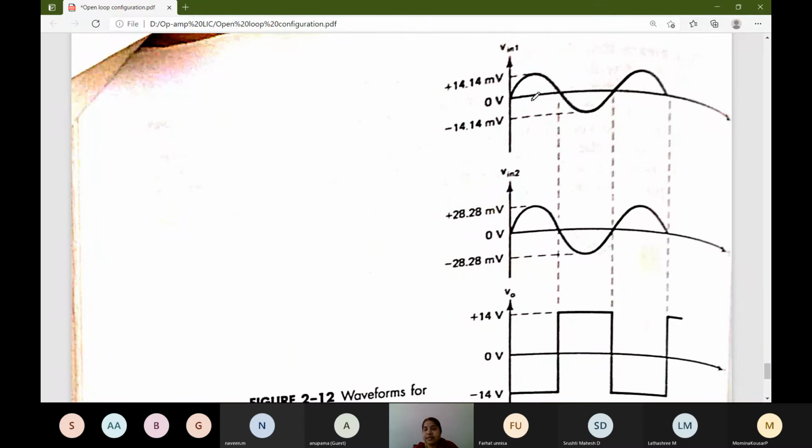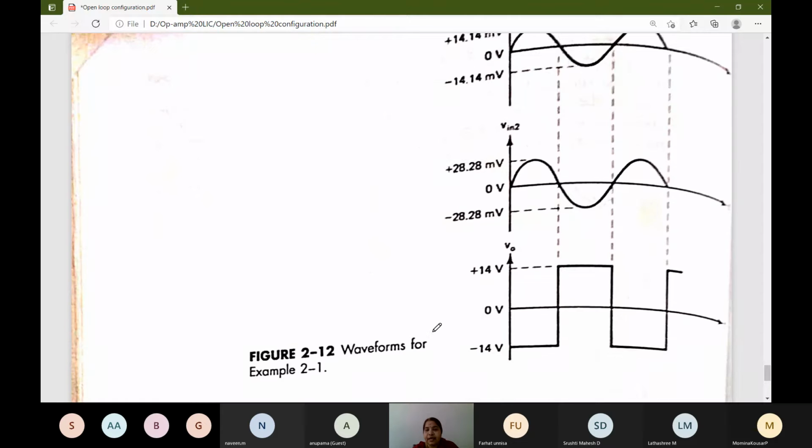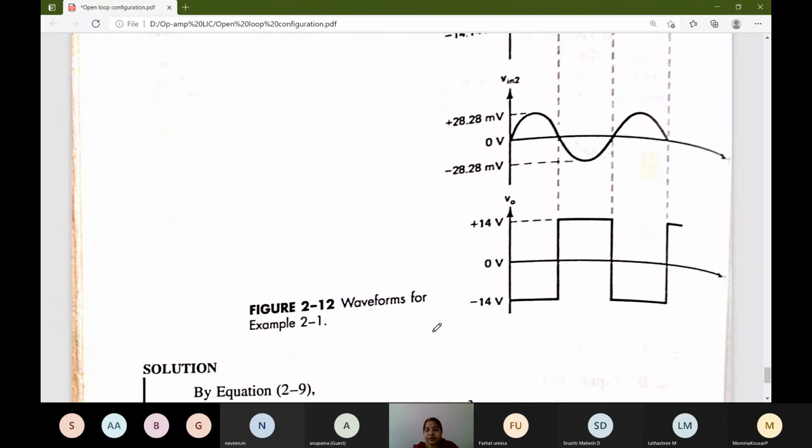These are the two inputs that are given, and when we multiply with the gain, the output will be very high. But the output shows only plus 14 to minus 14. It will get clipped off. You will not get a sine wave, but it will get clipped off. This is the output voltage we are getting in the open loop configuration.